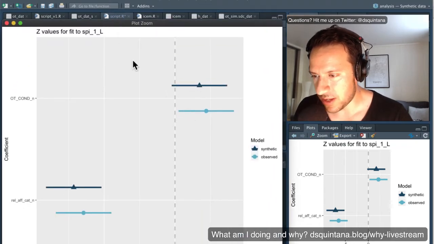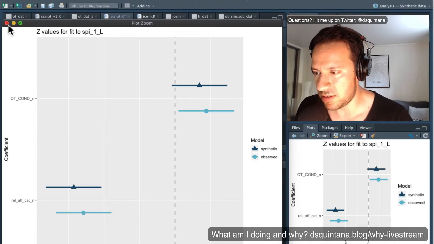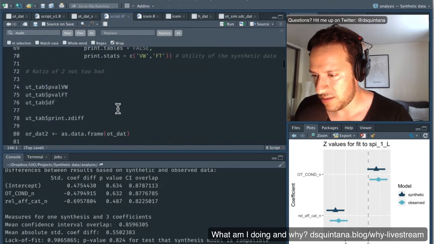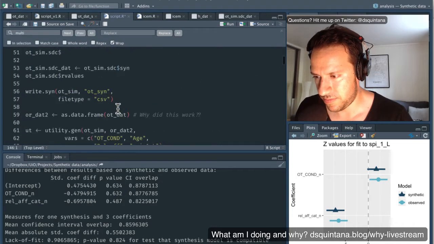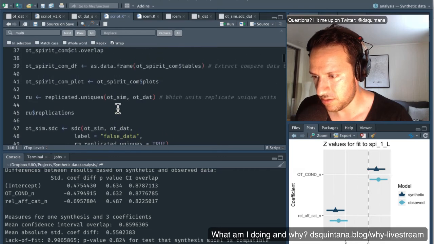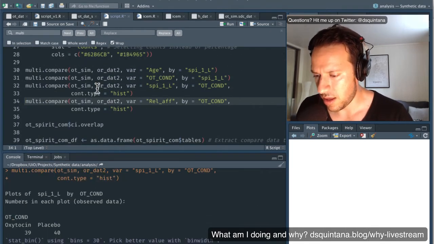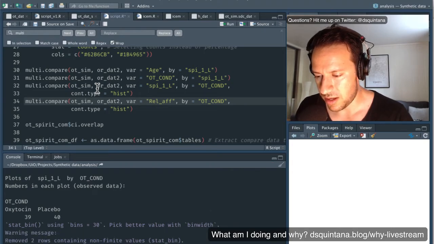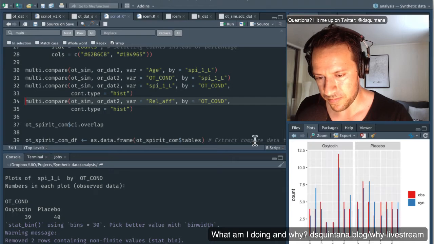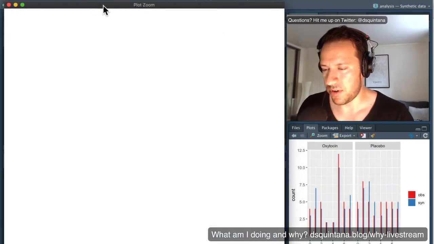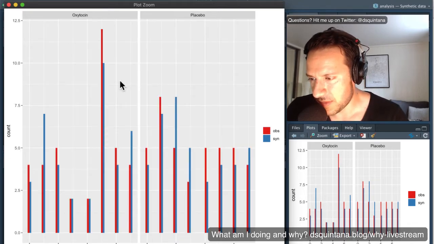This one is insignificant, and the reason this one is insignificant is that for some reason the data synthesis, this is really cool, seemed to underplay the frequencies or the counts.